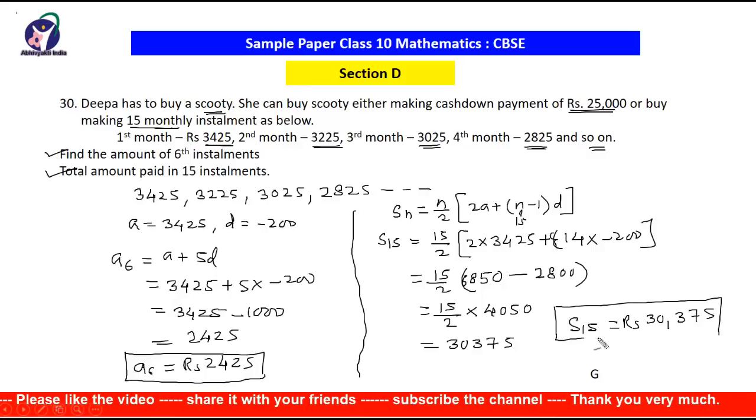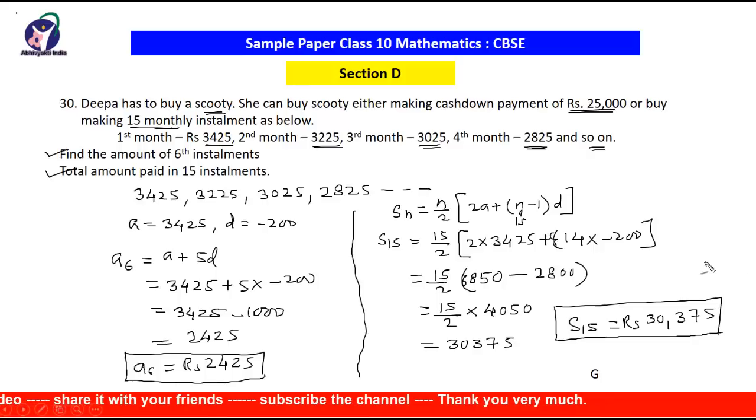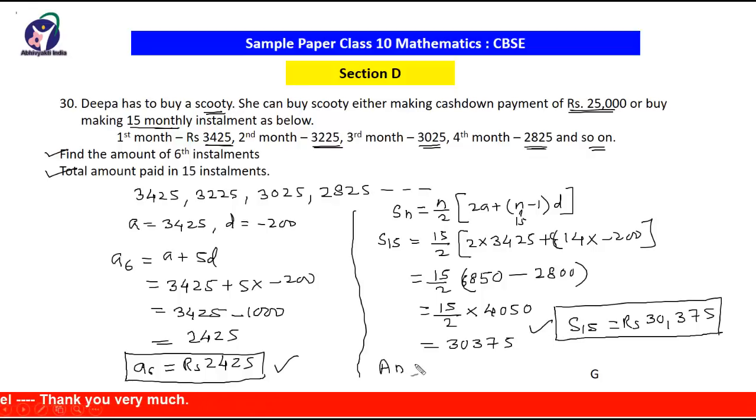Highlighting is very important because it makes the examiner see the points which are your answer. So here you have got A6, S15, then write the answer that the sixth installment is equal to rupees 2425 and the total amount paid after 15 installments is rupees 30,375.